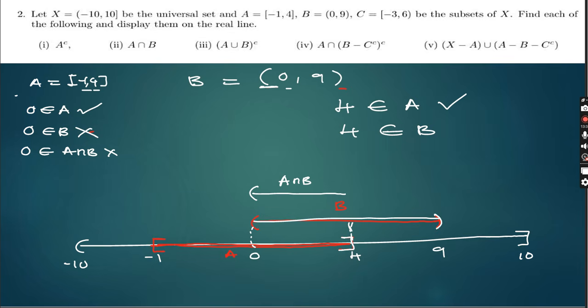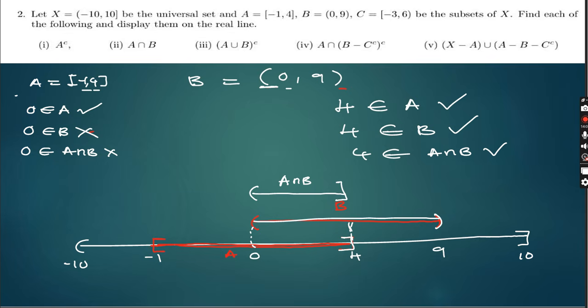It is within the interval, so it is a member of set B. Now, is 4 going to be a member of A intersection B? Actually, yes. Why? Because it is in both sets. So we're going to use the square bracket here to show that it is in both sets. Here, guys, is how you should be showing sets on the real line. By so doing, you've shown A intersection B there.